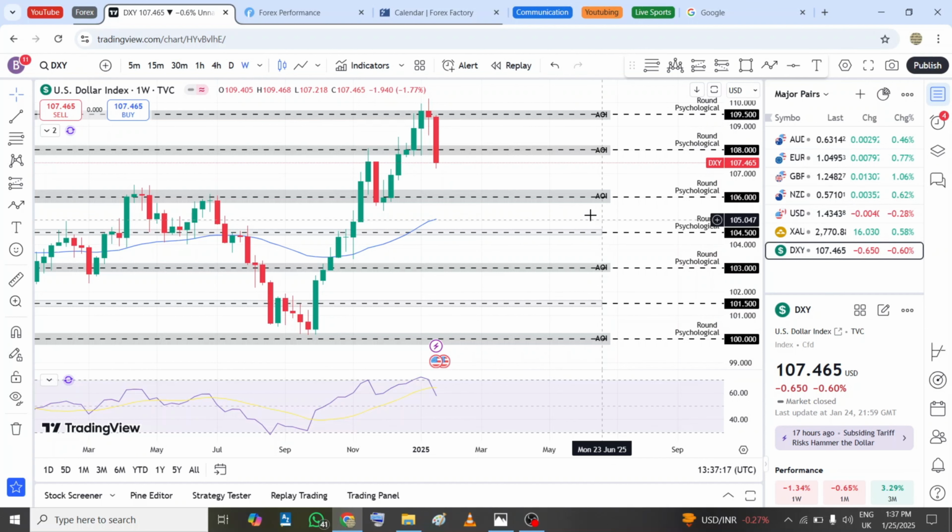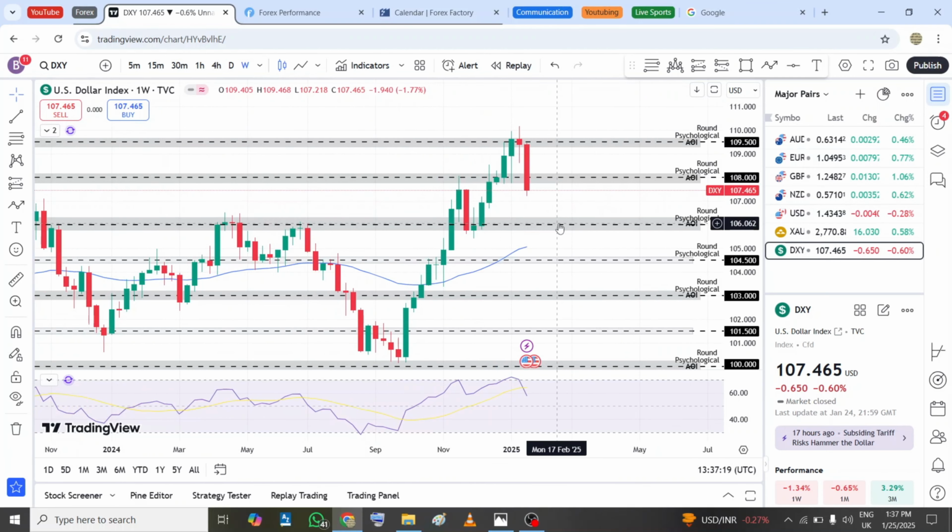Yeah. All right. So what I'm seeing here for last week, the previous week, is a very strong bearish candle for the DXY. It means for last week, USD lost a lot of strength. And this bearish candle has consumed 4 weeks of price action.